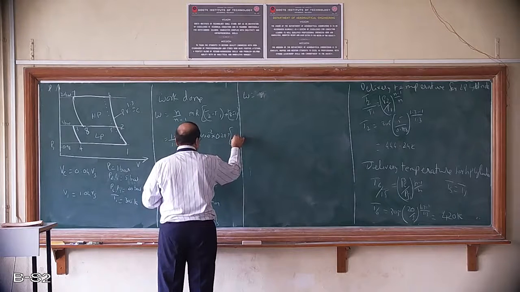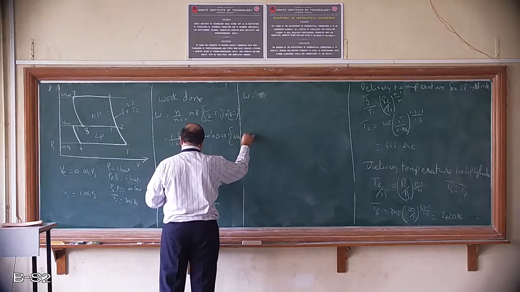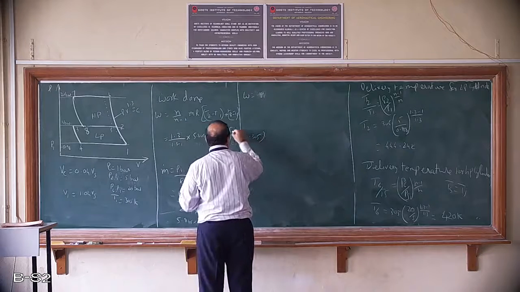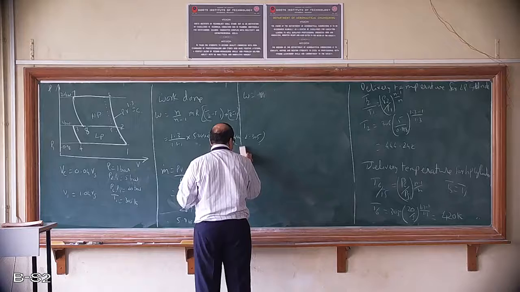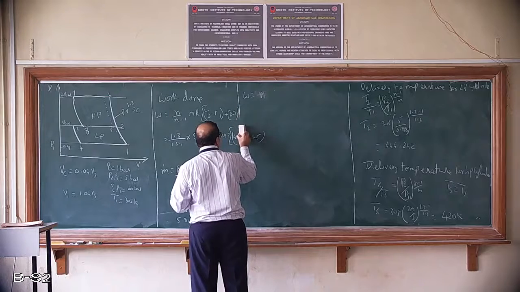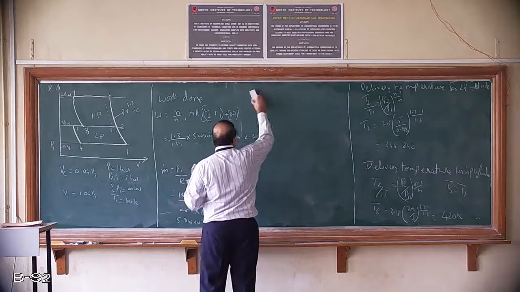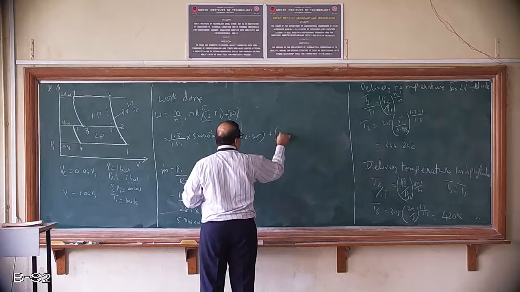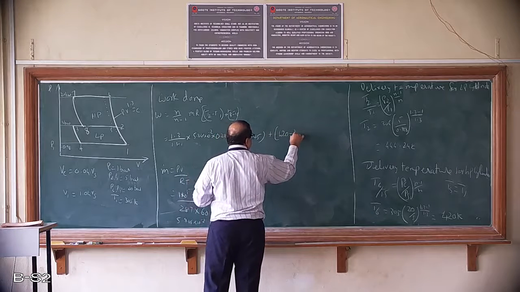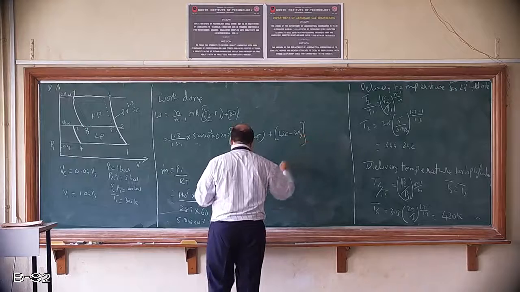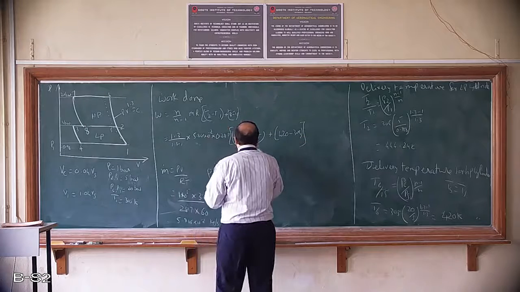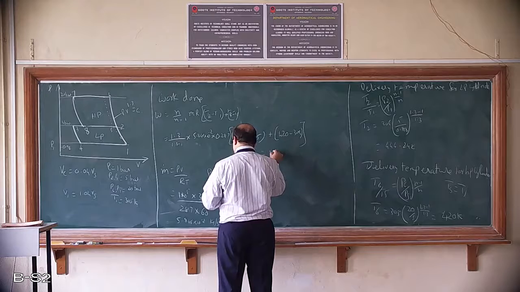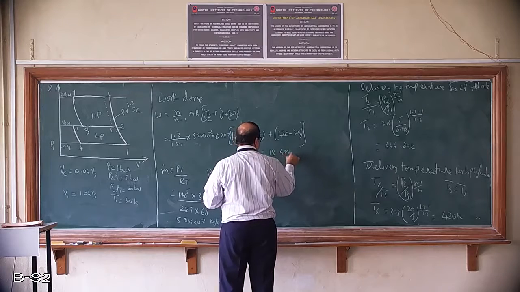Temperature is 444.2 minus 305 plus 420 minus 305. So W, the work done by the compressor, we get as 18.484 kilowatts.